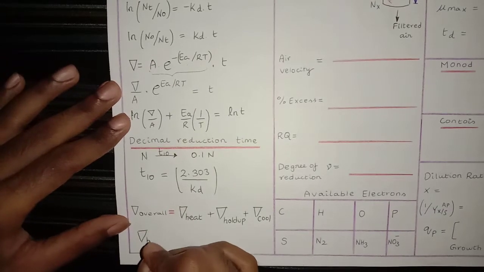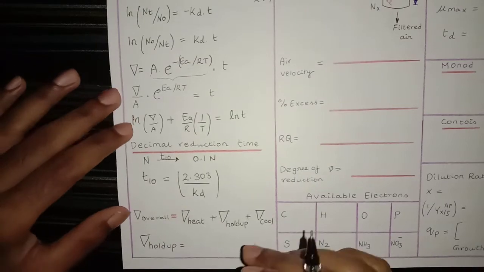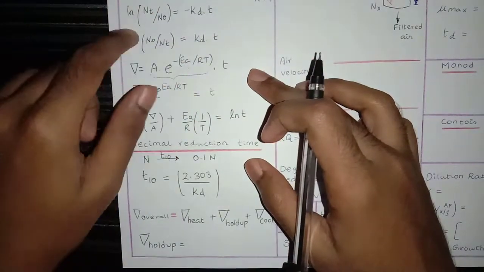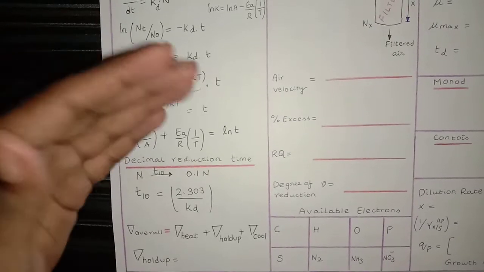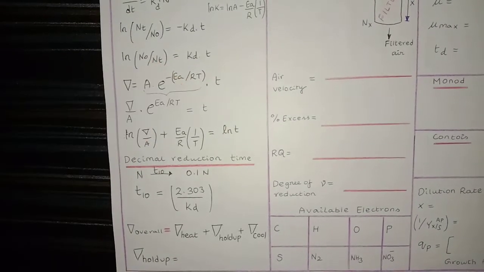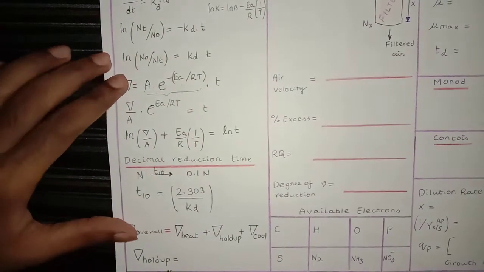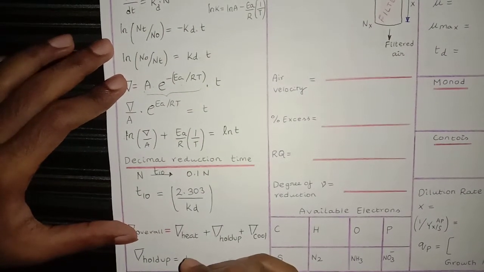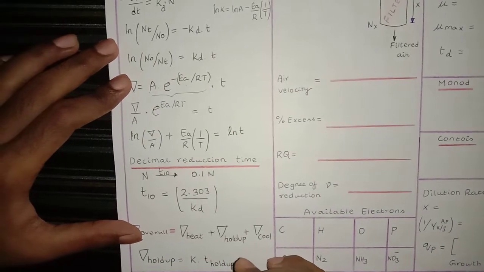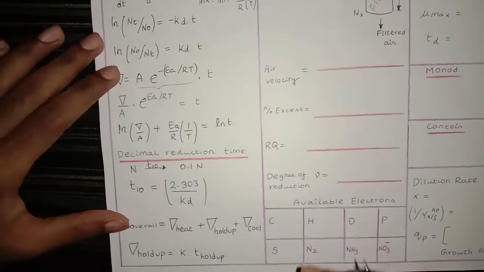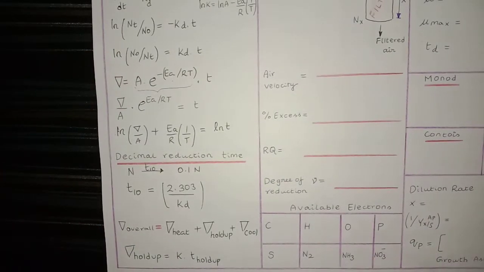Whereas delta hold up is calculated using these formulas. We know ln nt over n0 is equal to minus kdt. So we measure nt and n0, which give the value of delta hold up, equal to k times t hold up. From this we get how much time we need to hold the medium before cooling.